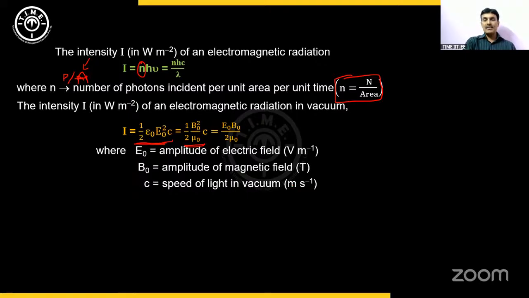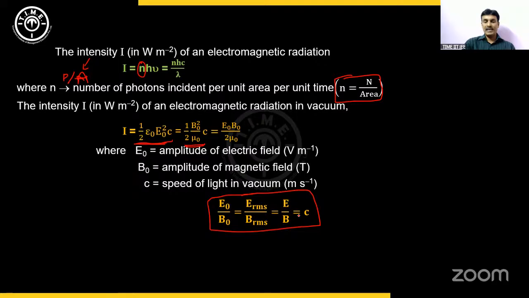Now the relation between E naught, B naught, E RMS, B RMS and the speed of light is given here. E naught by B naught, this ratio is same as E RMS by B RMS, and this ratio is always equal to speed of light. Very useful and very important relation between E, B and c: electric field vector, magnetic field vector and the speed of light.